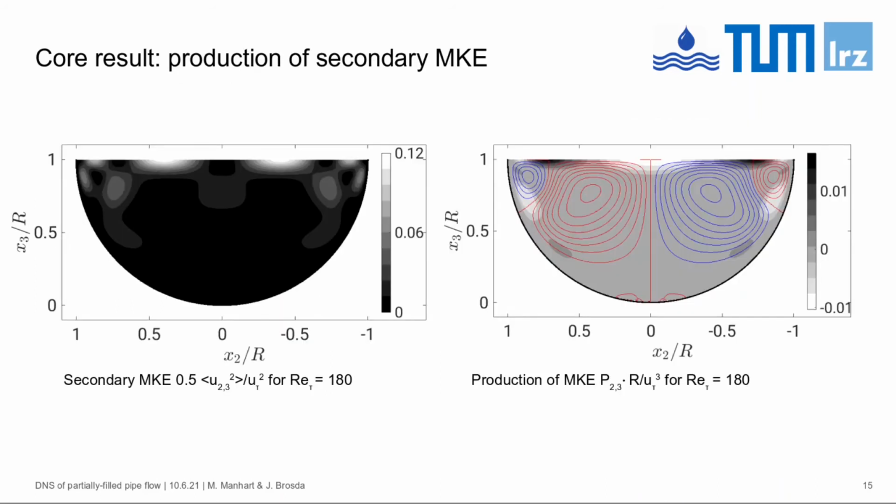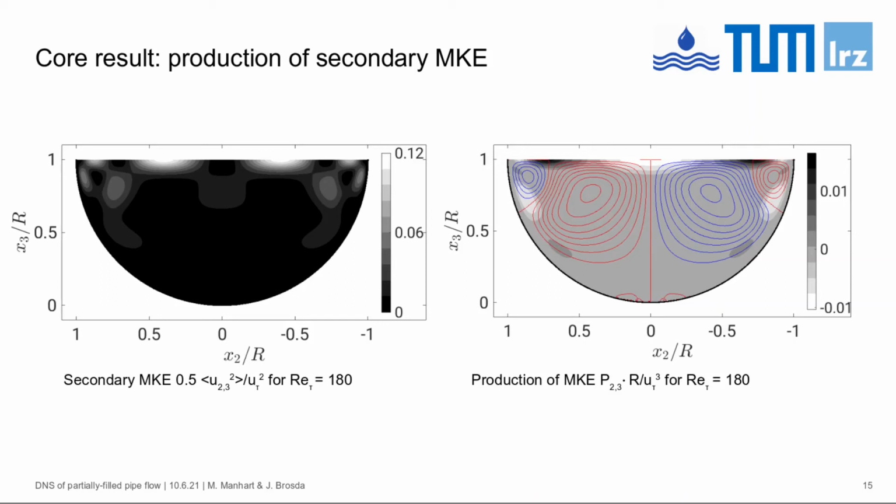We see further on that the mean kinetic energy in the secondary flow, which is plotted here on the left, and black means there's nearly no kinetic energy in the secondary flow, and white means there's the maximum of the kinetic energy. We see that at this Reynolds number, the secondary flow almost entirely concentrates at the free surface of the pipe.